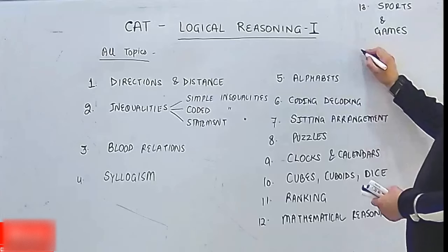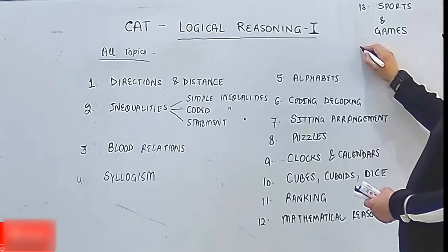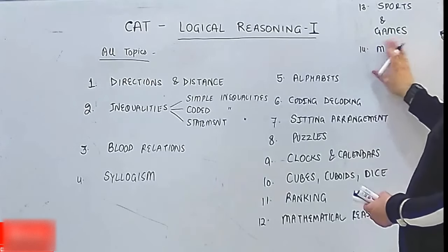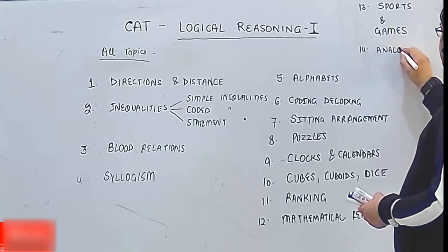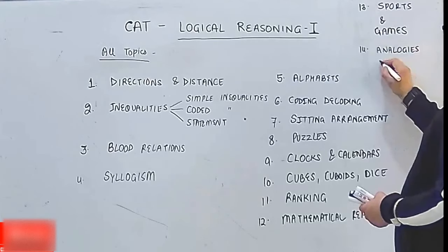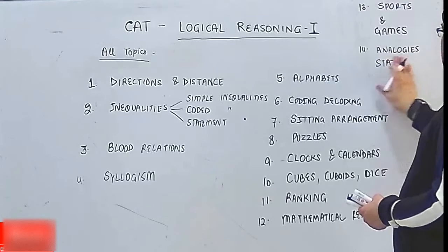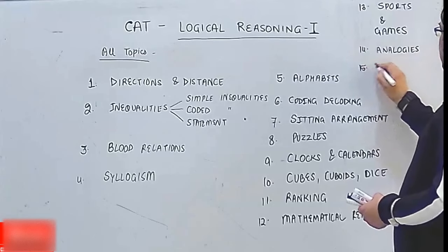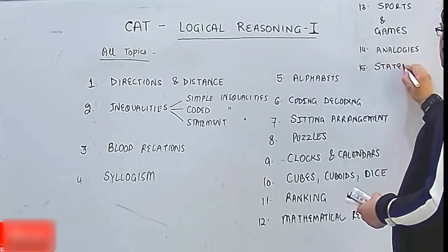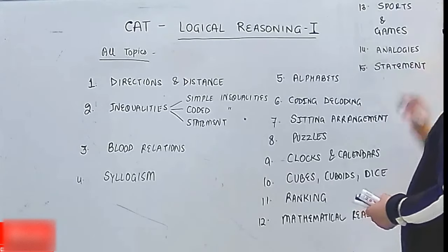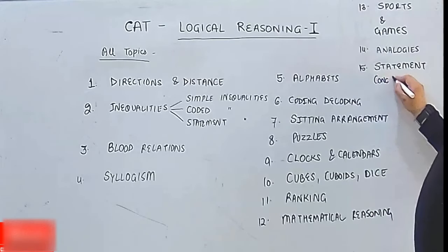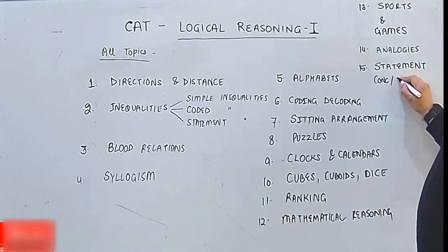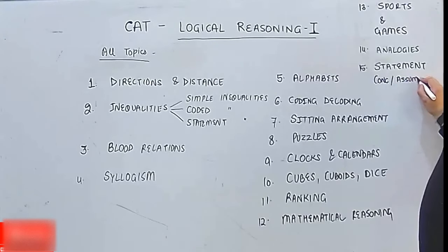Okay, now then we'll be covering miscellaneous topics like analogies and statement type of question. Analogies will be 14th, and 15th will be statement type of question. Statement type of question means in which a statement and conclusion is there, or an assumption type of question, or argument.